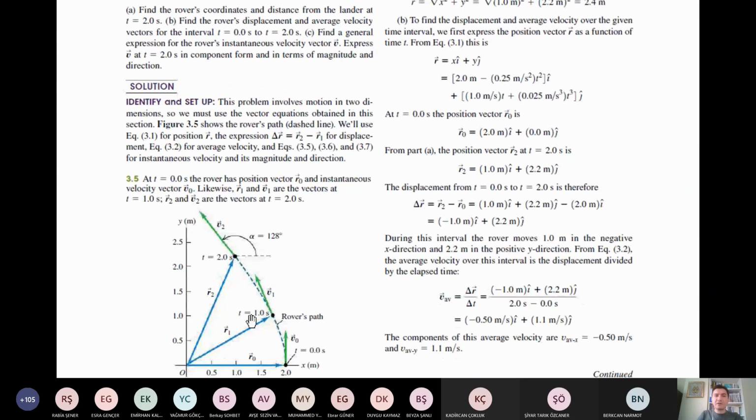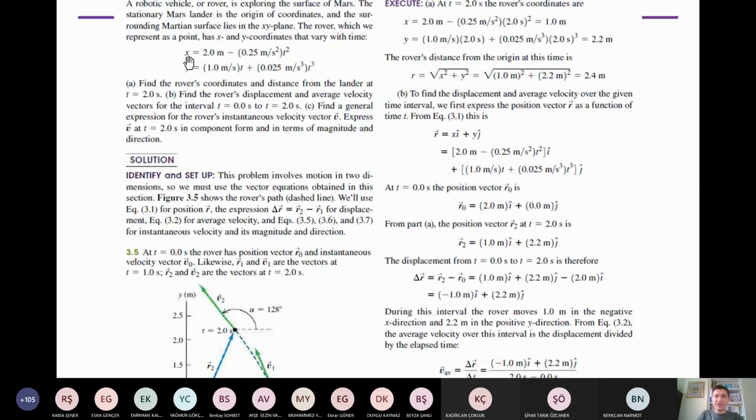So here we have x. Just consider that the time is 0 at the beginning. If the t here is 0, then the second term will be 0, and the x position will be 2 meters, right? The x position is 2 meters.